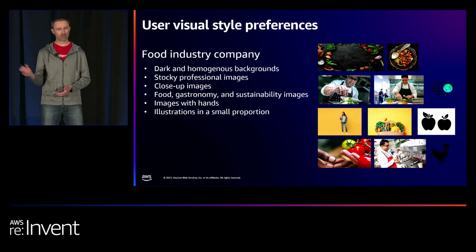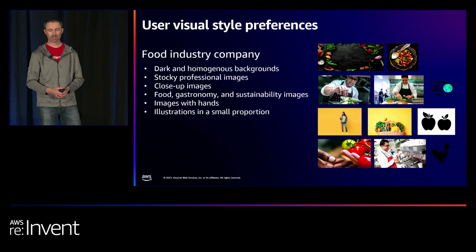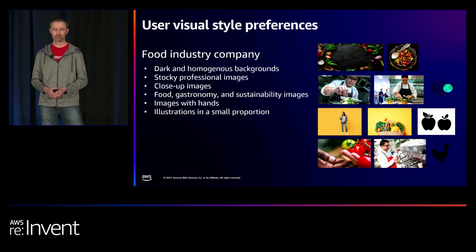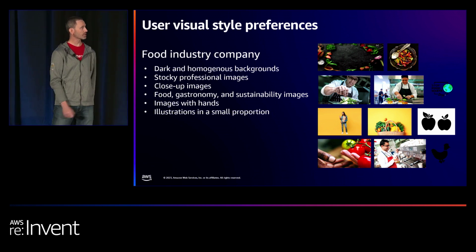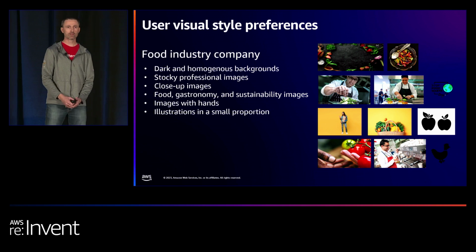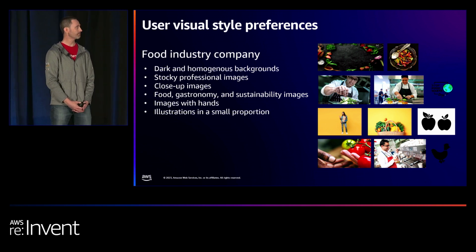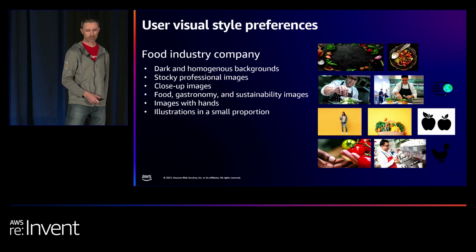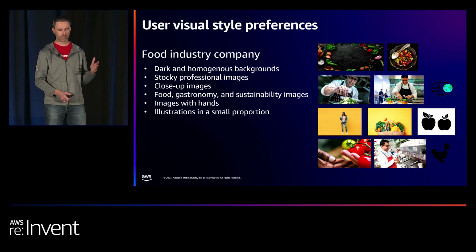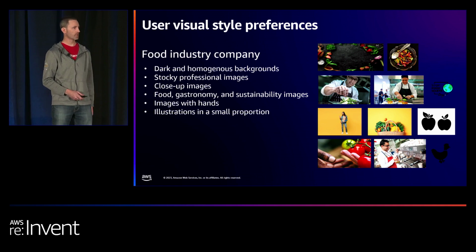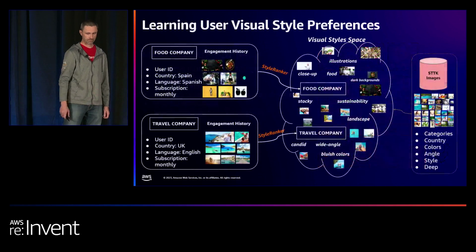Here's some examples of images licensed by a user from a company in the food industry. You can see that they have a preference for dark and homogeneous backgrounds and prefer stocky images versus in the wild. They prefer some close-ups and illustrations in a small proportion. Our style ranker learns those user preferences based on their engagement activity in the platform.